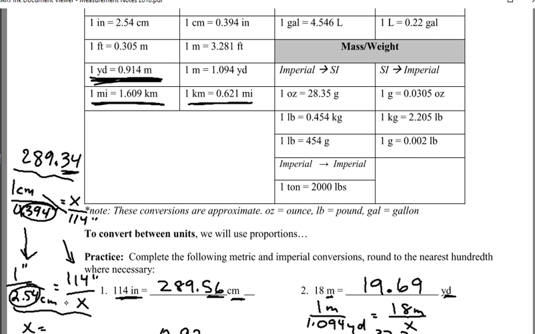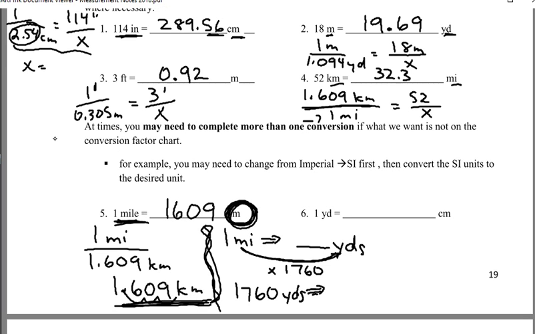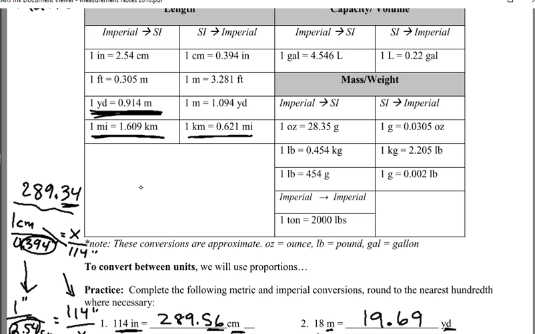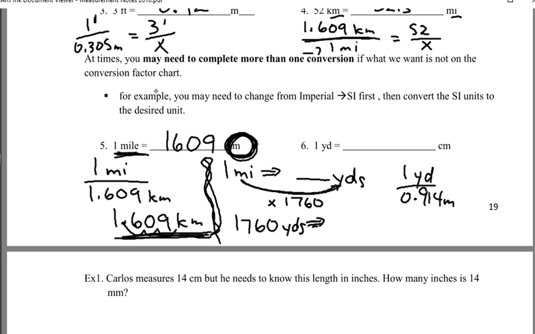Yards to meters, there's the relation there. 1 yard, 0.914 meters. Let me just double check that. I don't trust myself to remember. 1 yard, 0.914 meters. Well, now I know I have 1,760 yards, and I want to know how many meters that is.